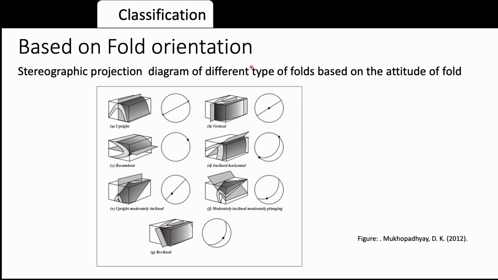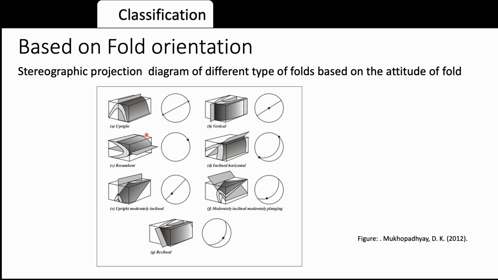As we talk about the vertical fold, in a vertical fold both the axial plane and the hinge line are vertical. On the stereonet, the fold axis appears near the center, indicating a vertical plunge.